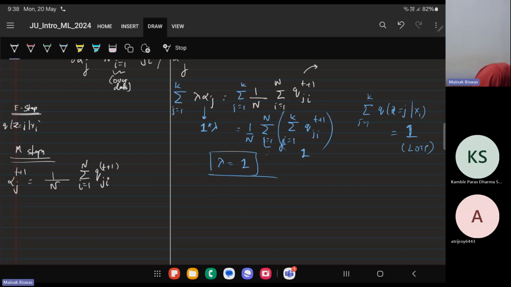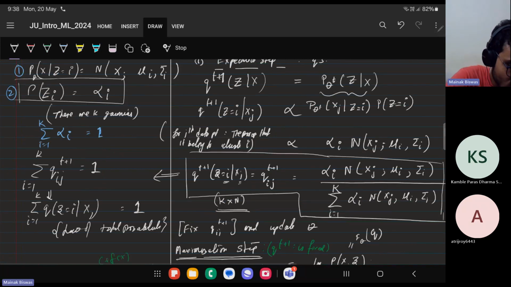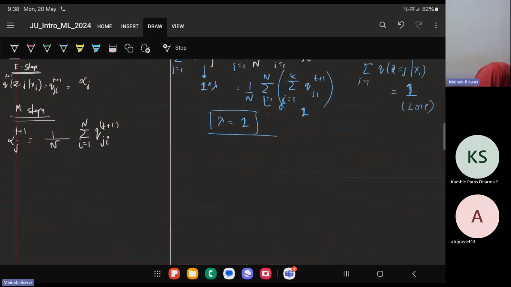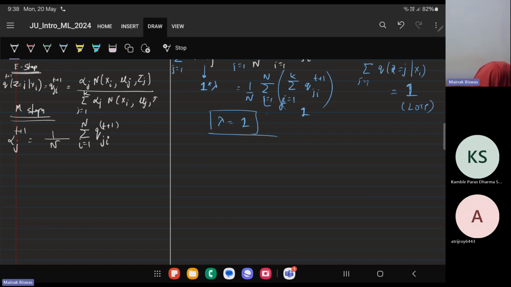Having everything together, this was equal to alpha j normal of xi given mu j, sigma j, divided by summation of j equal to 1 to k alpha j normal of xi given mu j, sigma j. Clear? These are the two equations I have got till now.